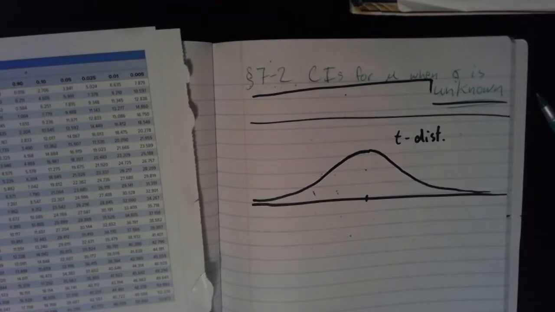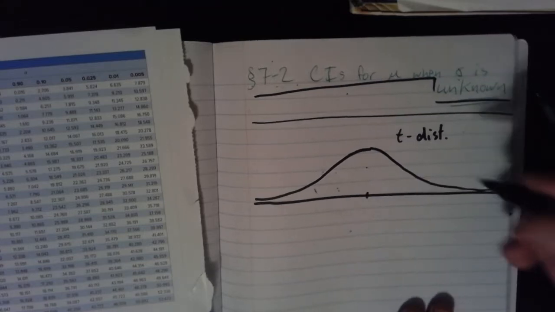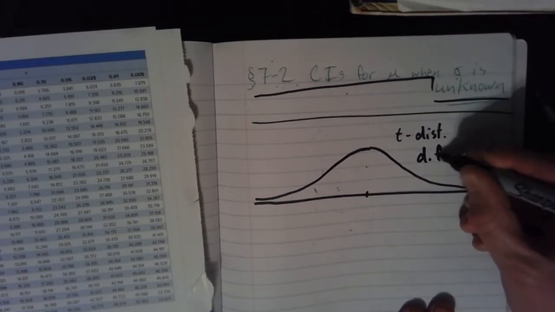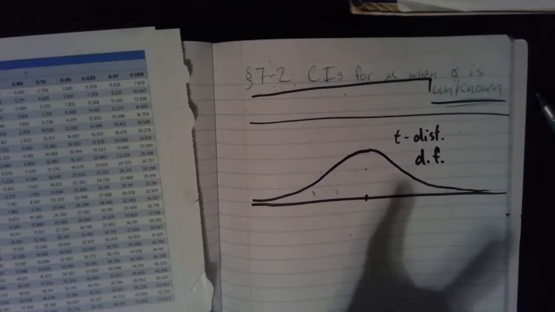The T distribution is actually a family of curves based on the concept of degrees of freedom, which is related to the sample size. So depending on the size of your sample, you actually are using a different one of these curves in the distribution.